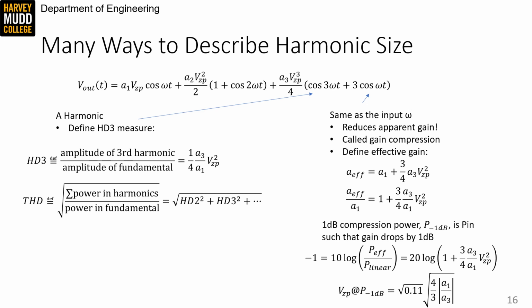P-1 dB is the input power that causes our gain to be compressed by 1 dB. We find it by taking 20 log of our effective gain, using 20 as our coefficient instead of 10 because we're measuring power instead of voltage, and setting that equal to -1. We can also flip the equation around to find the value of VZP that would cause us to reach P-1 dB.